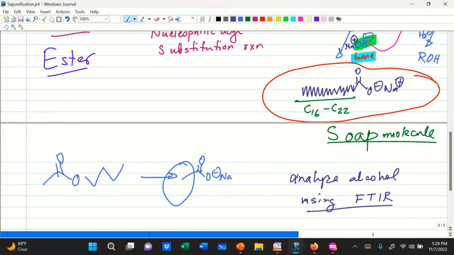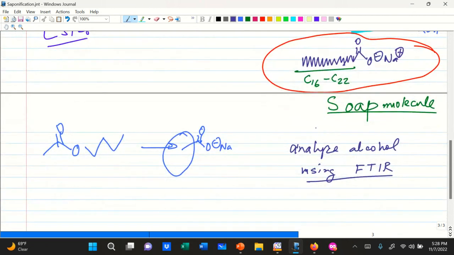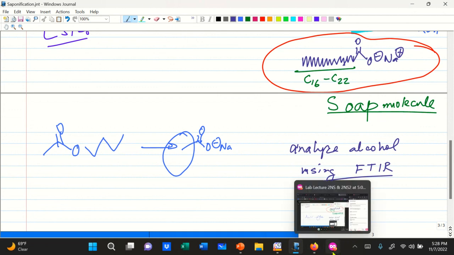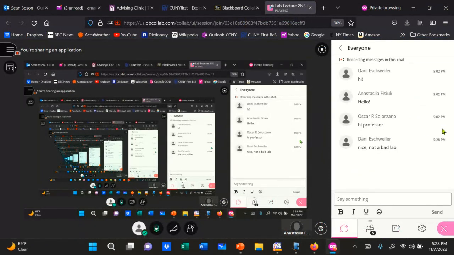Whatever you get, if you see two different layers, you separate them and you take an FTIR of that. That's going to be all as far as analysis. Not much. It should be an easy and fun lab.